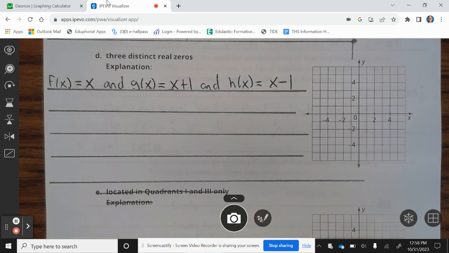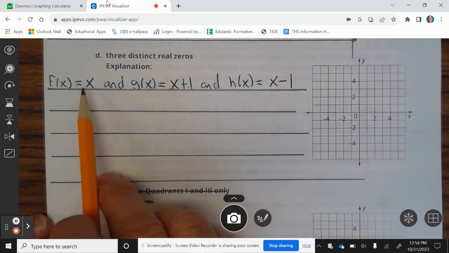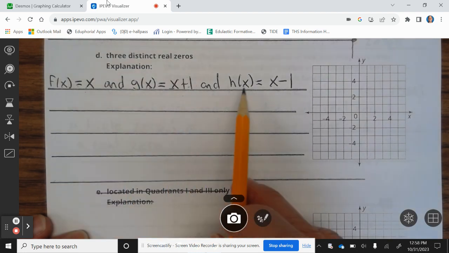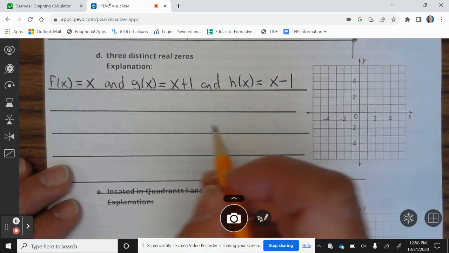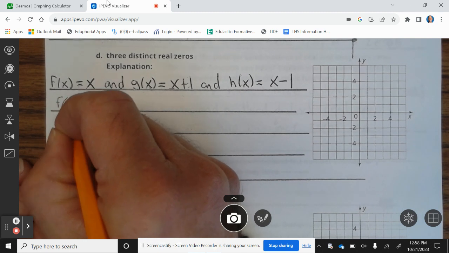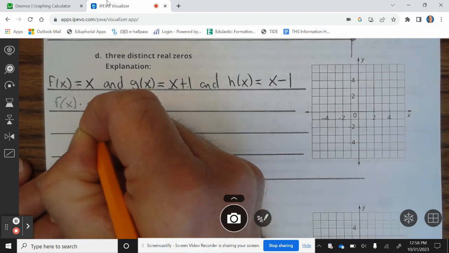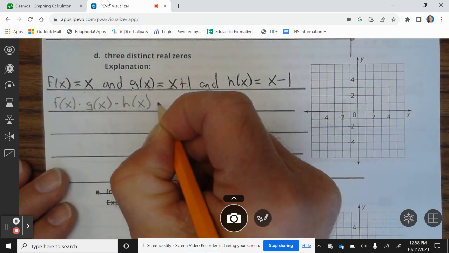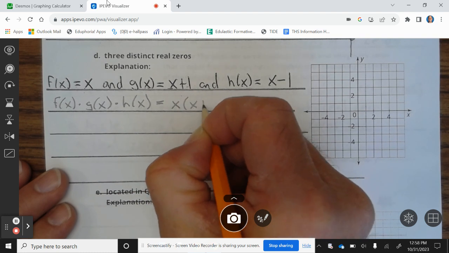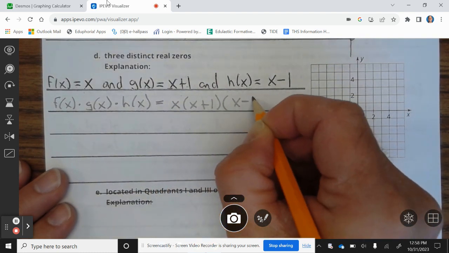All right, let's take a look at 1D. So 3 distinct real zeros. When f of x equals x, g of x equals x plus 1, and h of x equals x minus 1, that means we have f of x times g of x times h of x, which equals x times x plus 1 times x minus 1.